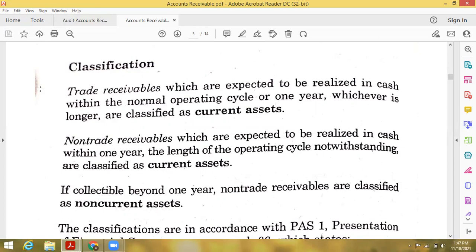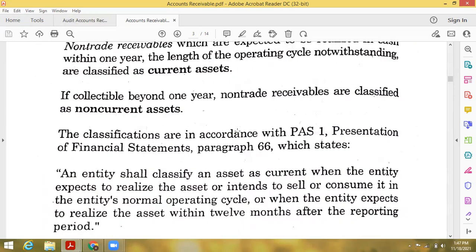Non-trade receivables are the same. You can classify it as current if you can collect it within 1 year. If it cannot be collected within 1 year, it is considered a non-current asset. That is according to our Philippine Accounting Standard 1.